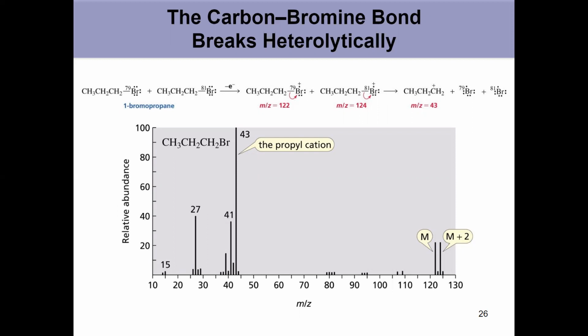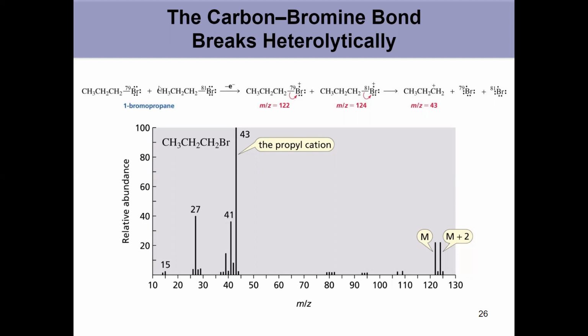Okay. And the other thing to look out for, right? Bromine's got two isotopes, bromine 79, bromine 81. Look at this, they get kicked off, right? But they give the same propyl cation. Okay, so electron bombardment is more likely to kick a lone pair of electrons off of bromine because they're more loosely held.